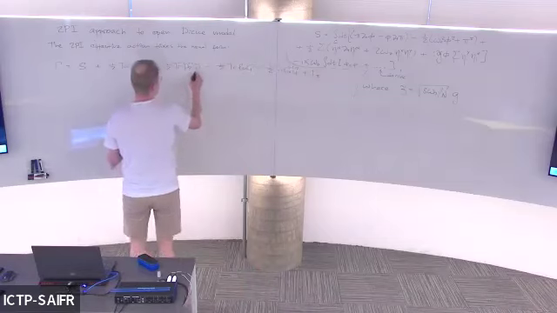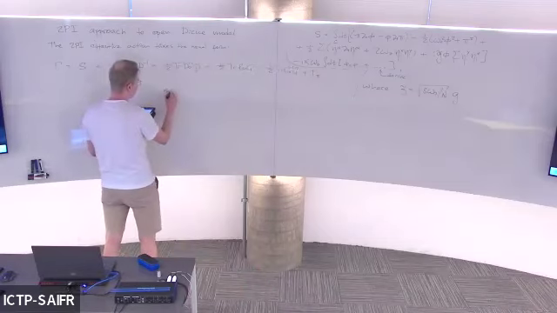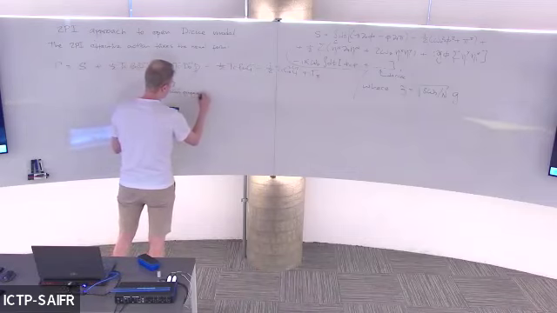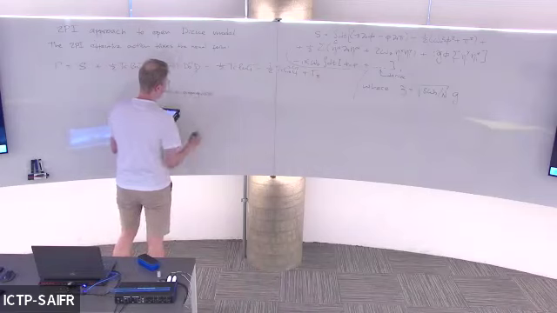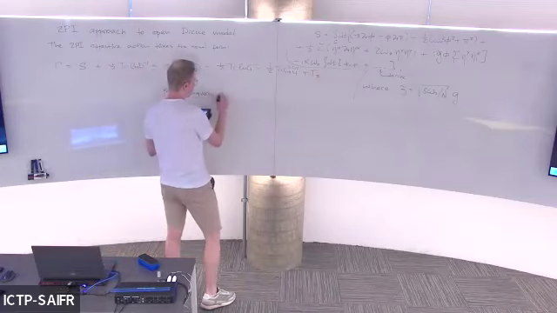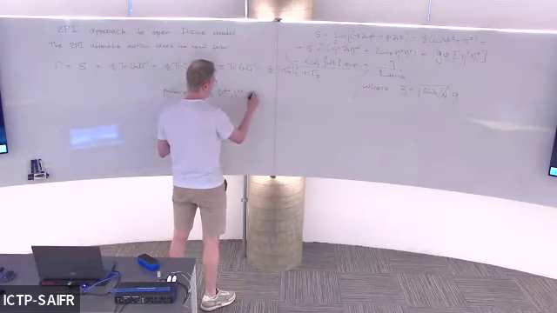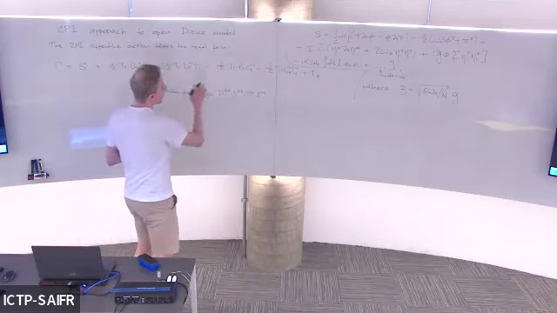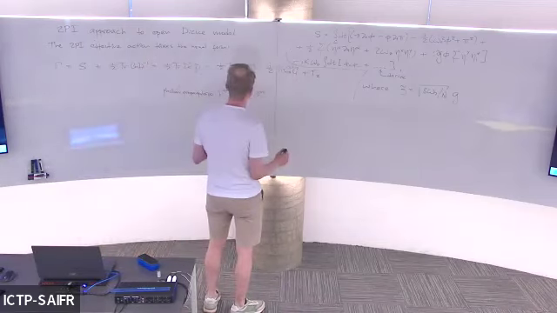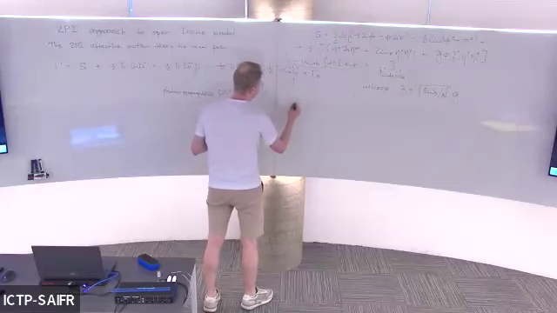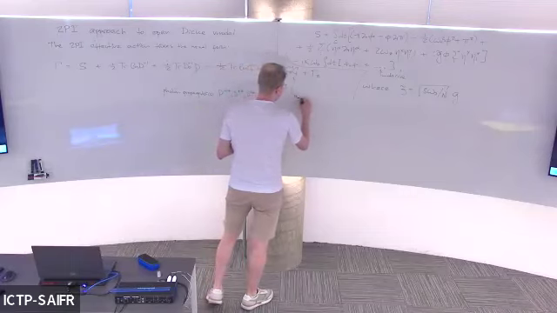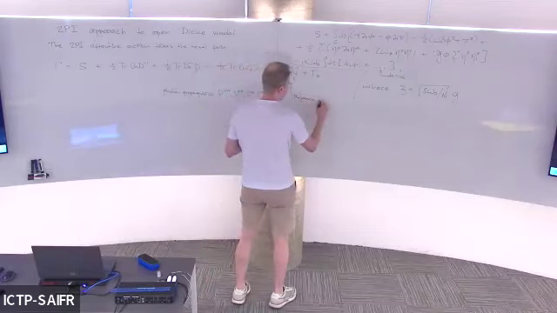D is the photon propagator, or propagators: we have D pi pi and so on, in this rotated basis. And these guys are the Majorana propagators.